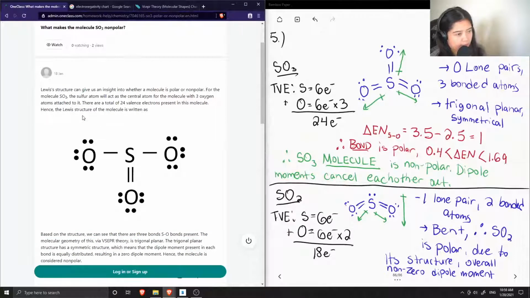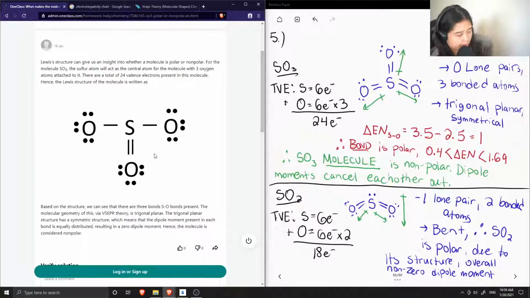There are a total of 24 electrons present, hence the Lewis structure of the molecule is written as... Okay, so this Lewis structure is actually incorrect, because if we count out all the electrons in this structure, each bond containing 2 electrons, we have a total of 26.